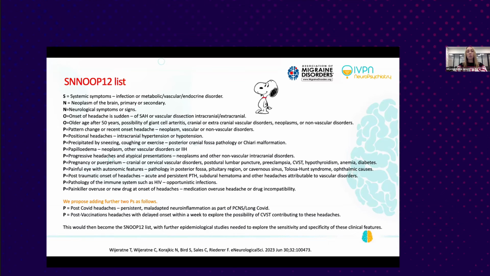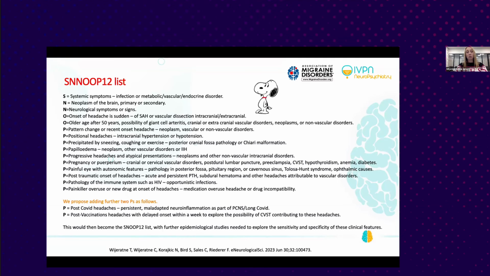The first one will be consisting of post-COVID headaches, which are persistent and maladaptive and presenting as maladaptive neuroinflammation of CNS. And the second one, which makes sense because it could be the initial presentation and then you can think of COVID.